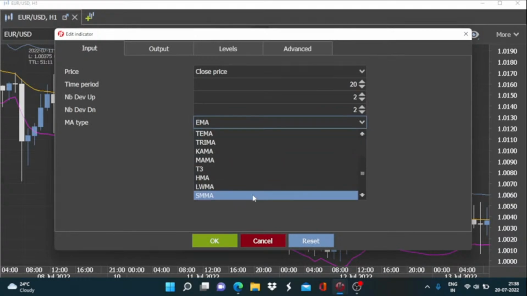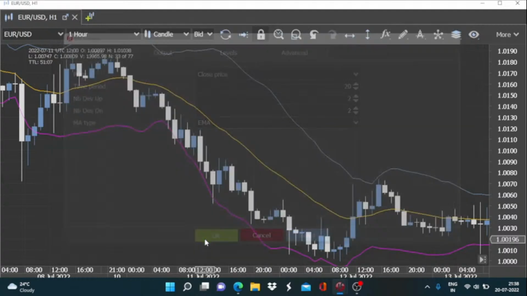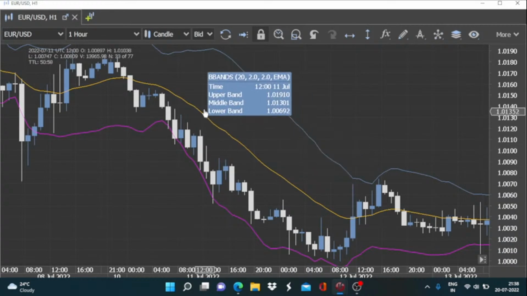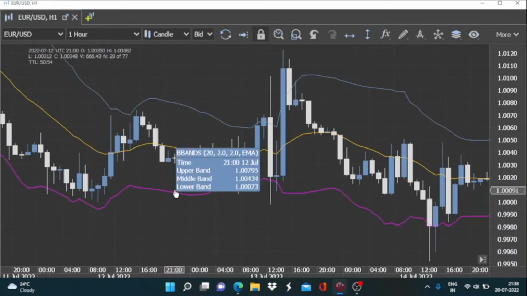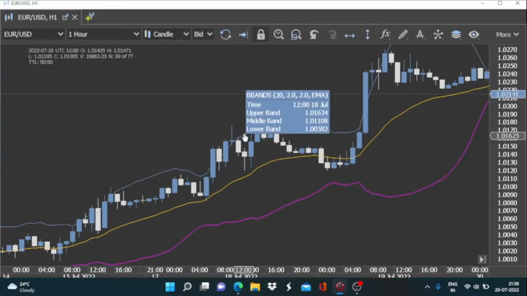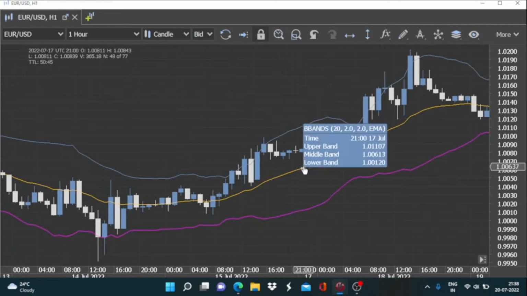We have to specify one of the moving averages, and depending on that, this Bollinger Band will be plotted while taking into consideration standard deviation on both sides of this EMA or SMA or whichever moving average you go for. So this is a simple setup, and these standard deviation lines help us in looking for overbought and oversold scenarios.